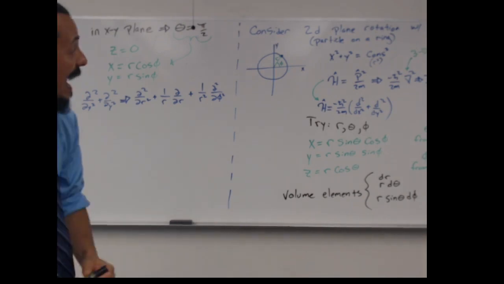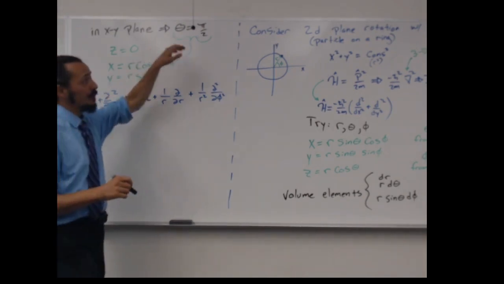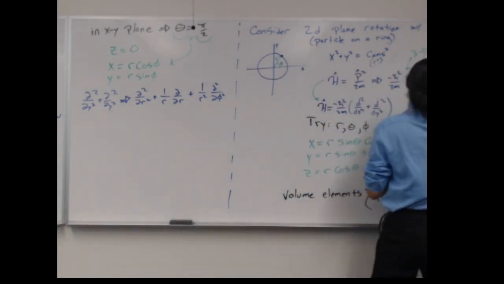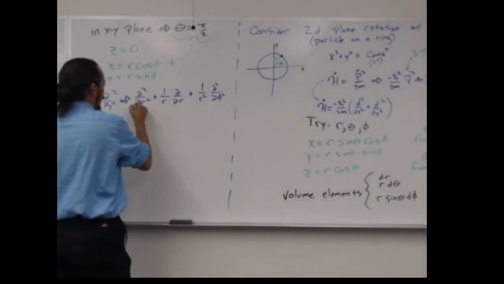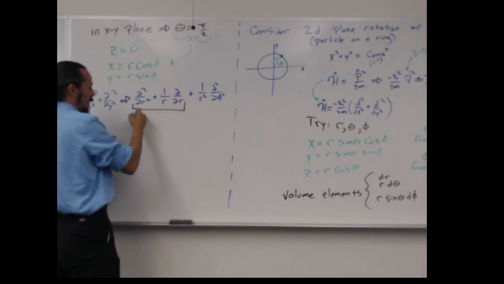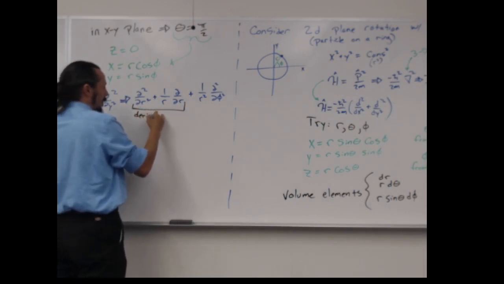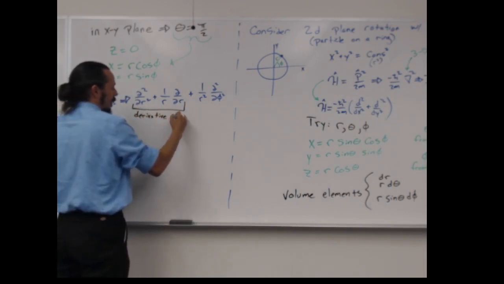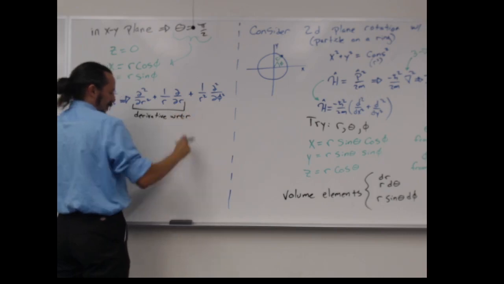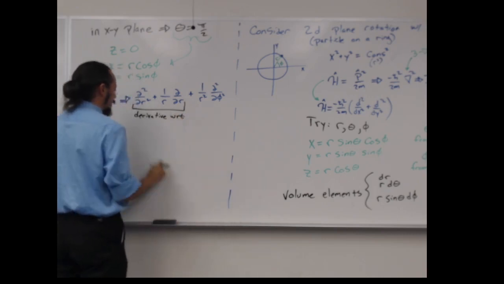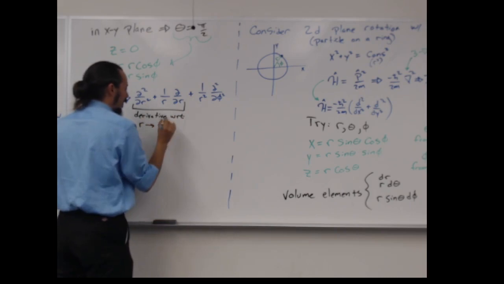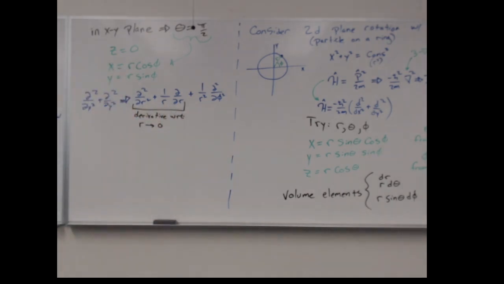Since, again, we have two restrictions, we have our theta restricted, and we also have a fixed distance. So those two front terms just go to 0.